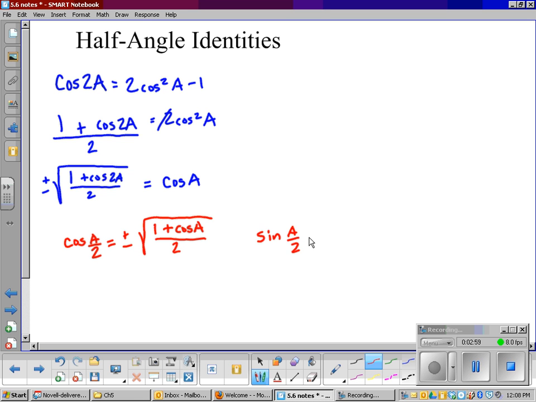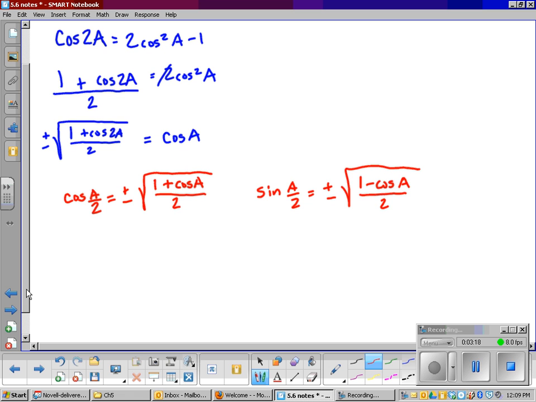But I'm just going to give that to you. Sine A over 2 is plus or minus the square root of 1 minus cosine A divided by 2. Notice that these identities are different only in the sign of the numerator, which could help you to memorize them.